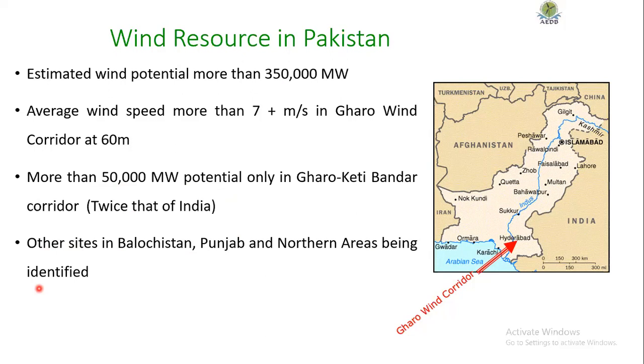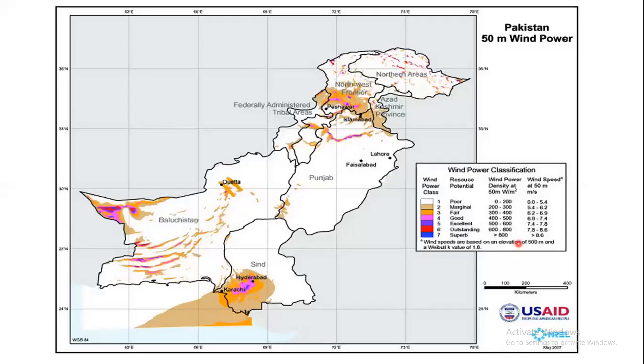The main thing is the wind channel, where consistent, continuous, and constant airflow is available 24 hours a day, all week. That aspect is available in the Gharo wind corridor, which is near Hyderabad, Pakistan.